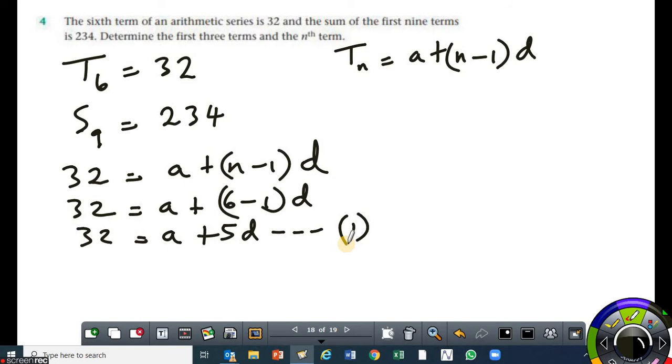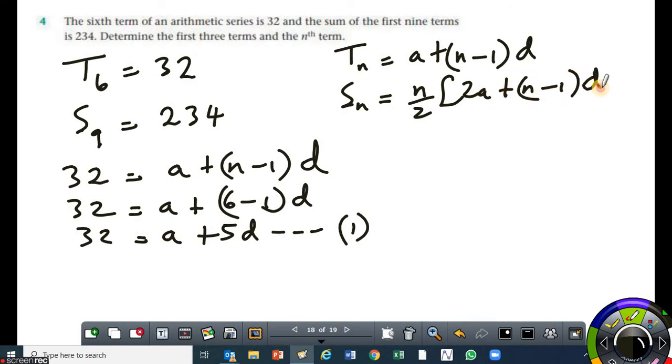Then the next thing, remember, Sn is equal to n over 2 times 2a plus n minus 1 times d. And here it's S9, so where there is n in that formula, we'll put 9. Where there is Sn here, we are going to put 234.